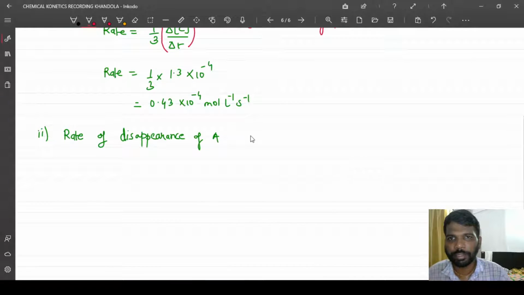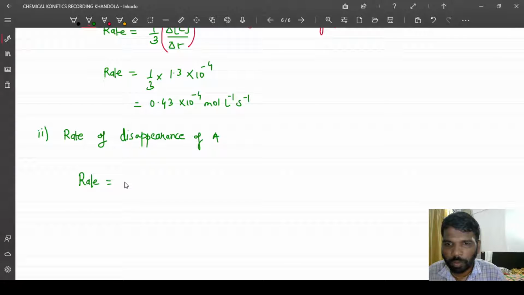So I will write rate is equal to minus 1 by 2 delta, that is change in concentration of A, by delta T.